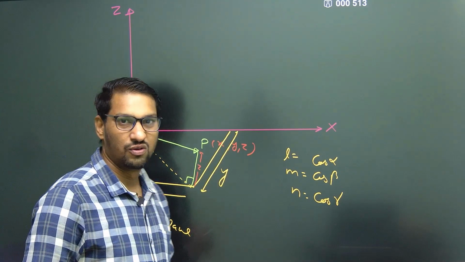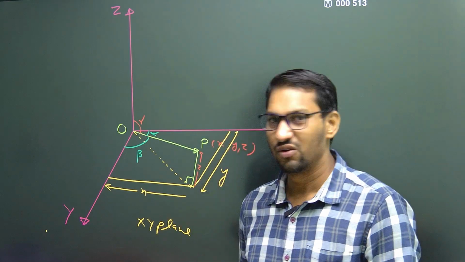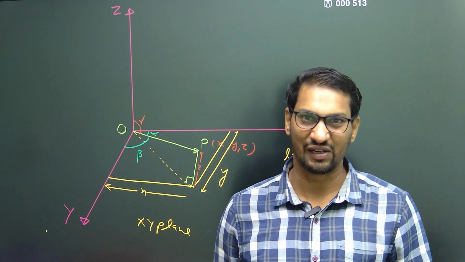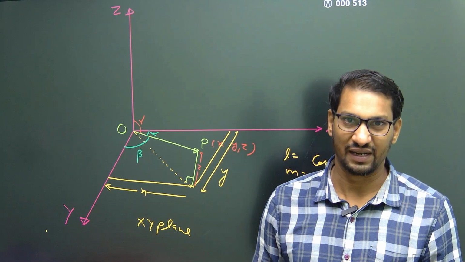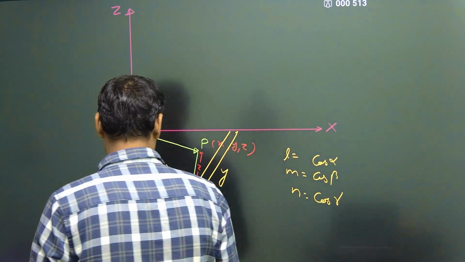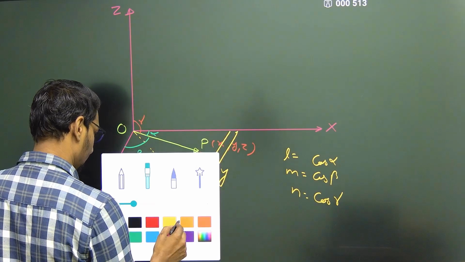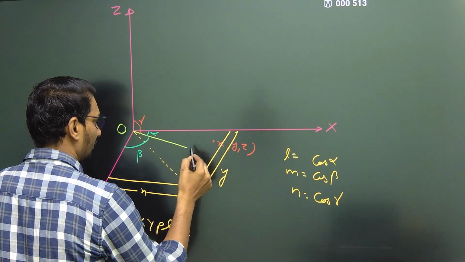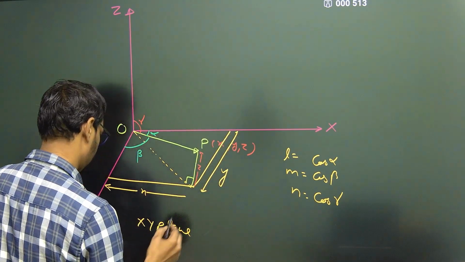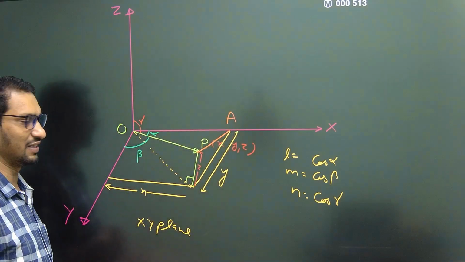As we know, to find cos alpha, cos beta, cos gamma, we have to find a right angle triangle, because cosine is defined in a right angle triangle. So we have to draw a perpendicular from P to A like this.